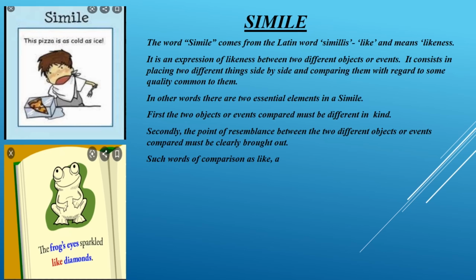Such words of comparison as like, as, so, etc. are always used. For example, he was as brave as a lion. Here we can clearly see that the man has been compared to be as brave as a lion.